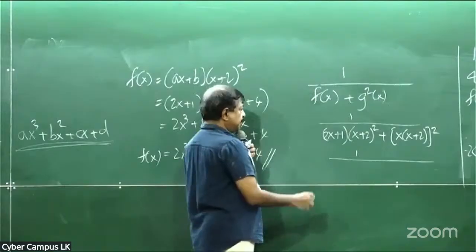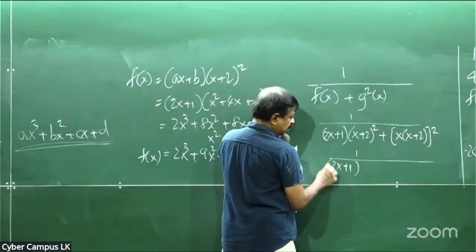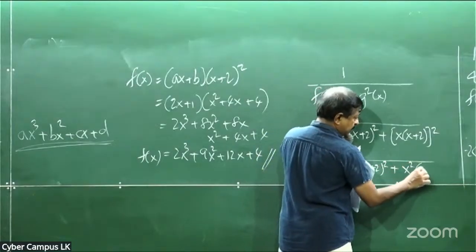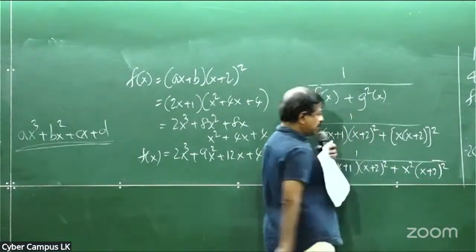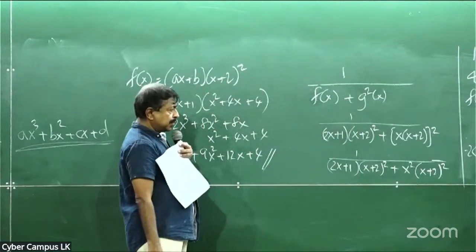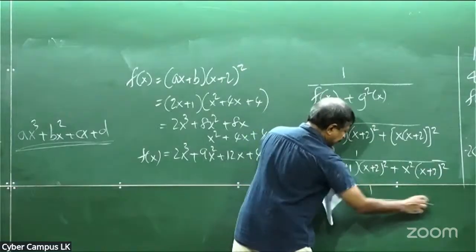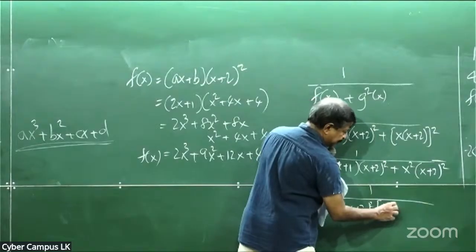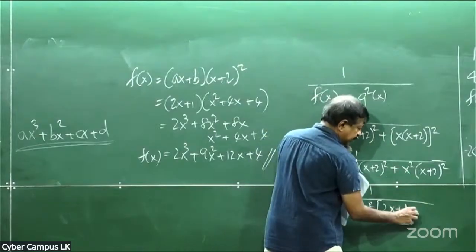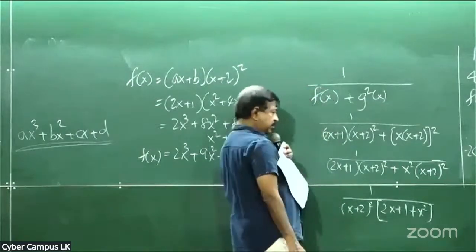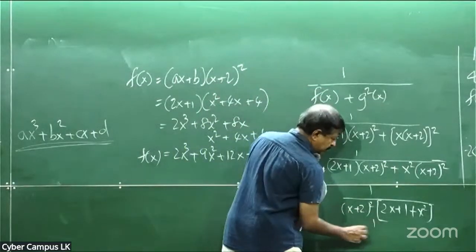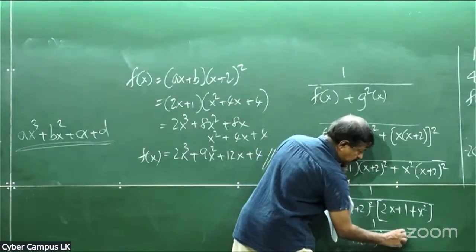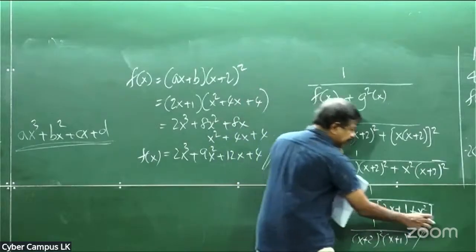Now look, this is what you get. You can pull out x plus 2 quantity squared. You are left with 2x plus 1 plus x squared. Obtain the partial fractions of this.